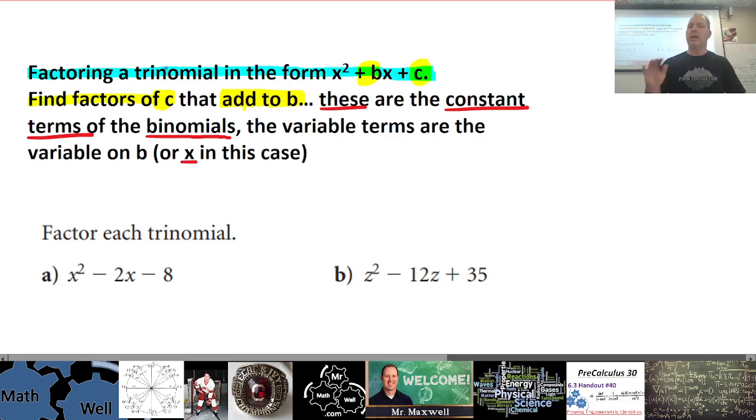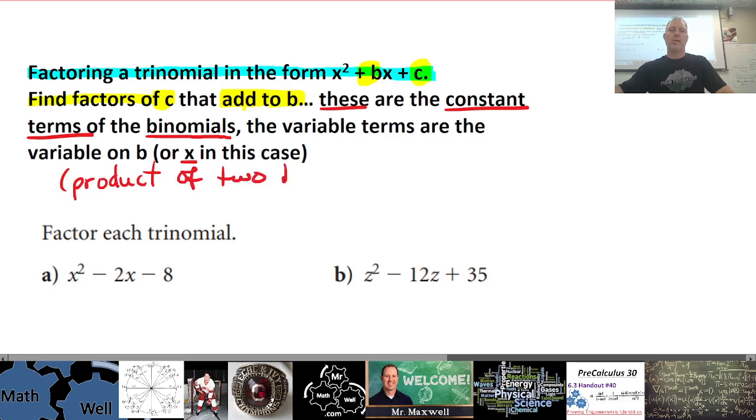So one thing that I should mention is that factoring trinomials in this manner will give you a product of two binomials. That's what you'll get.